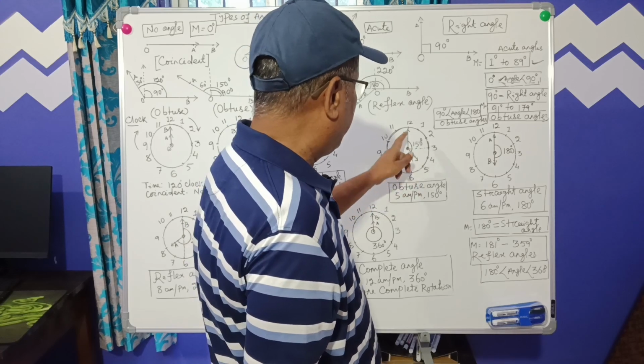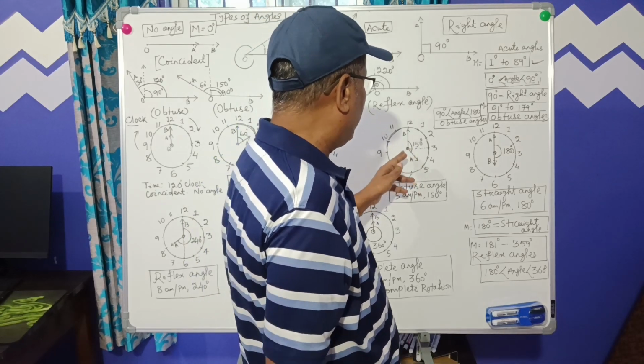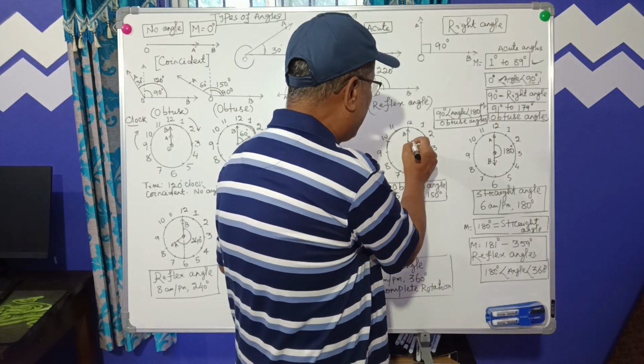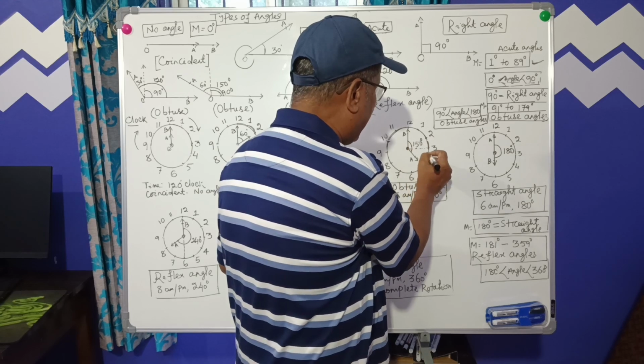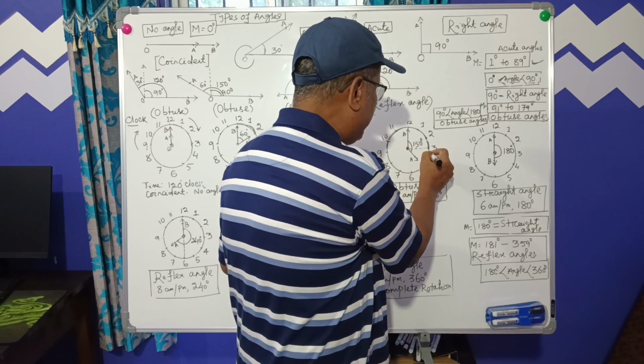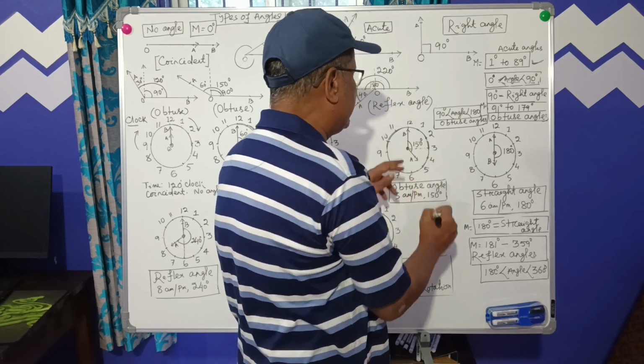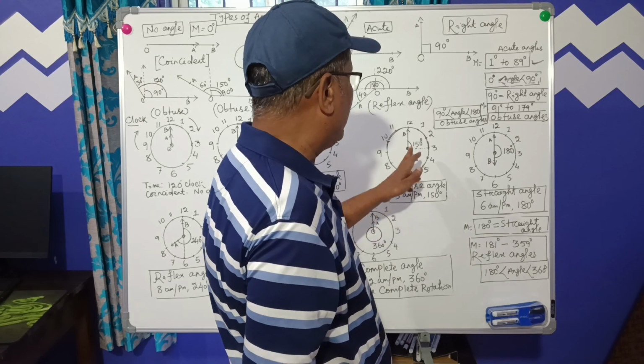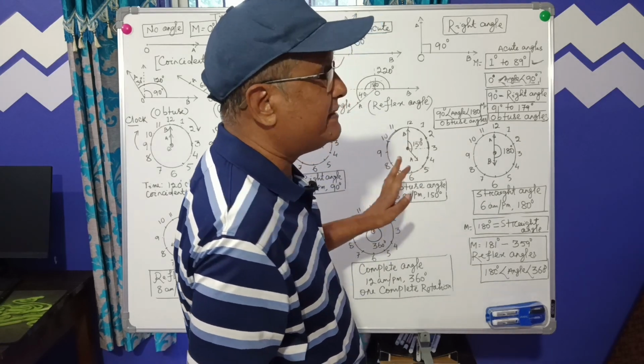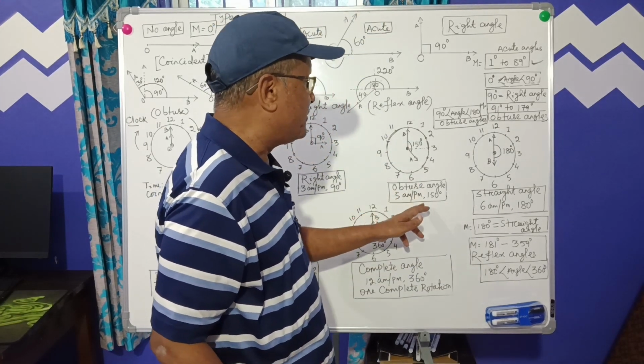So what is the measure of the angle? Now you see this is 90 and 30 plus 30, 60, 90 plus 60, 150 degrees. So 150 degrees is an example of an obtuse angle.